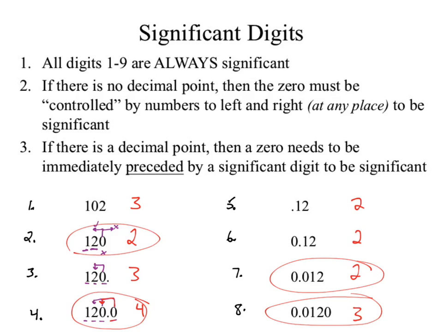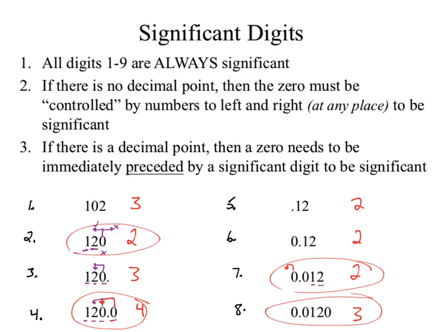Okay, it looks like we're moving to 7. Again, a decimal point. The 1 and the 2 are again always significant. We take a look at our first 0, and we look to its left. What do we have? Nothing.